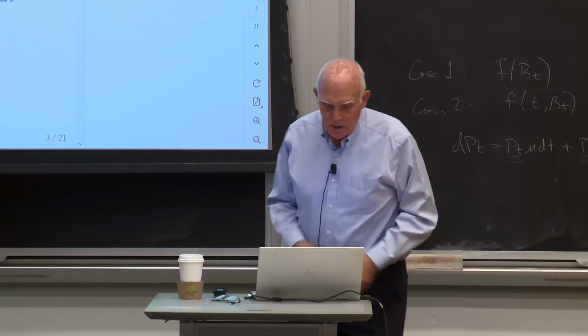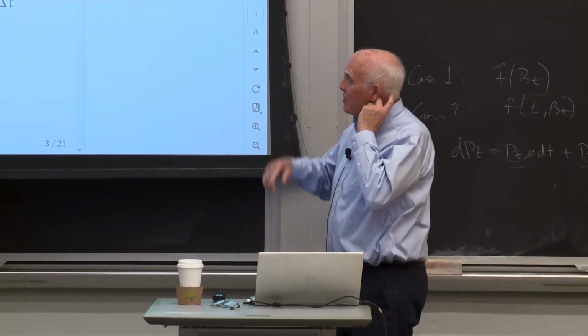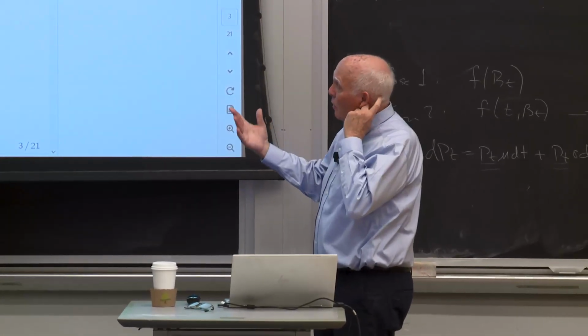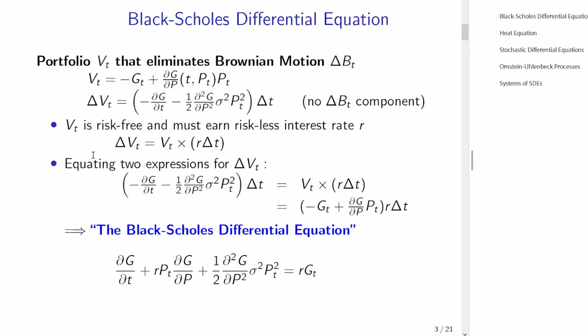And so having eliminated the risk in the portfolio, arbitrage arguments say that VT must be risk-free, and as a risk-free asset equivalent, it should earn the riskless interest rate. So our change in value of this portfolio is simply the initial value times the rate of return of the riskless asset over the period delta t.